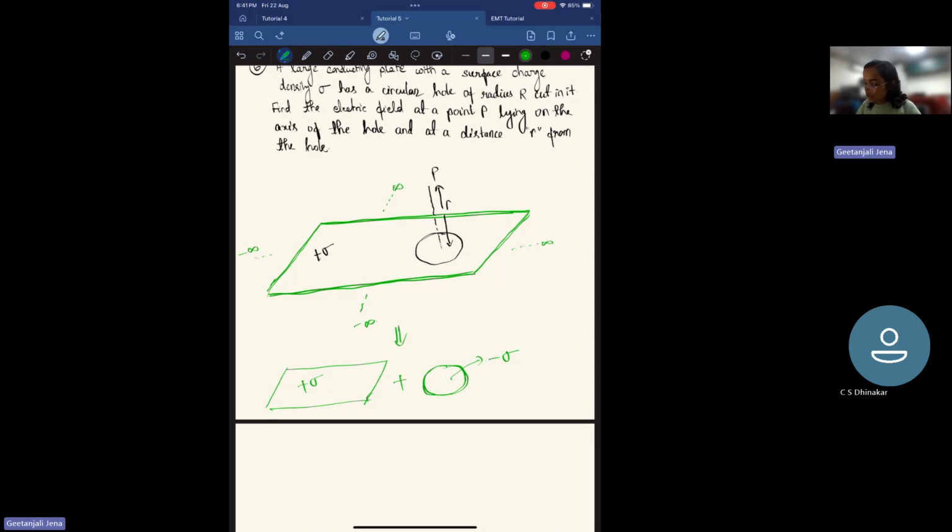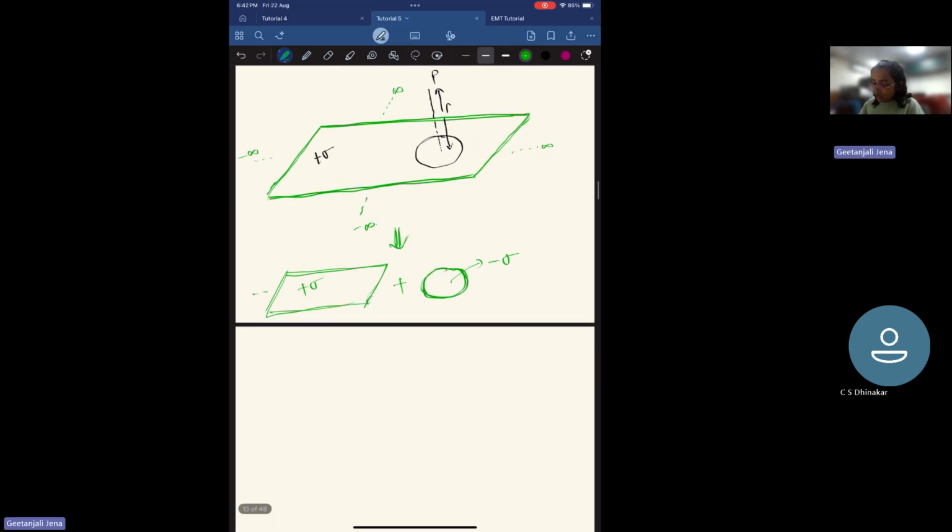So you can imagine this situation as a superposition of two systems: a large conducting plate with no hole in it, plus a circular plate which is charged minus sigma. Now it's easy to find the electric field.